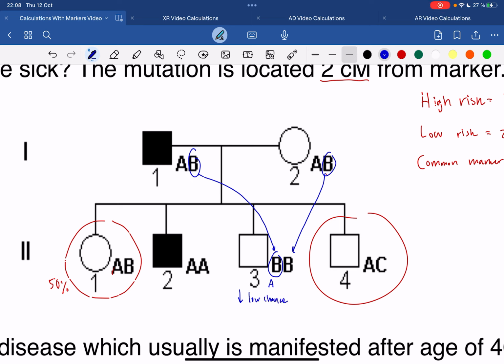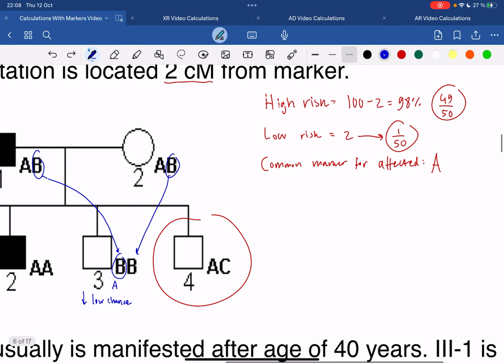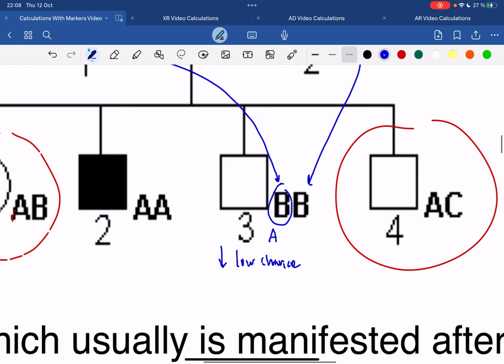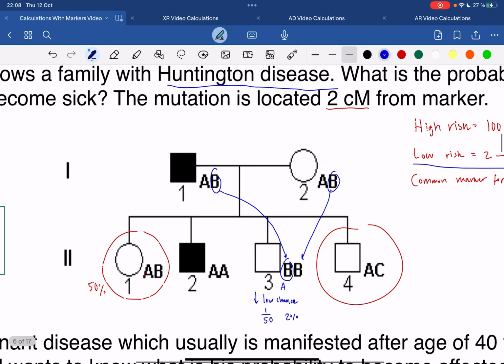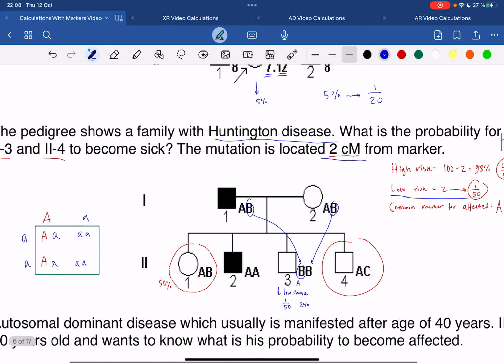Why? Because the chance of this person being affected relies heavily on the fact that the crossing over has occurred. And the low risk for us is 1 in 50 right here, or a 2% chance, if you will, if you go according to just the cM chance.